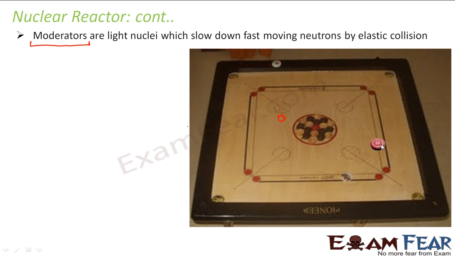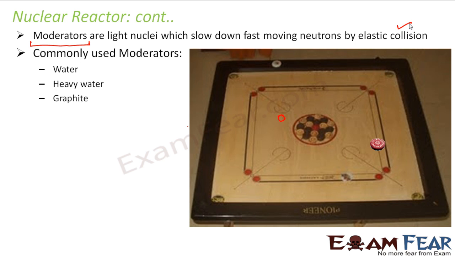So moderators are light nuclei which slow down fast moving neutrons by elastic collision. What are the commonly used moderators? Which substances are used as moderators? Water, heavy water and graphite are some of the substances which are used as moderators.